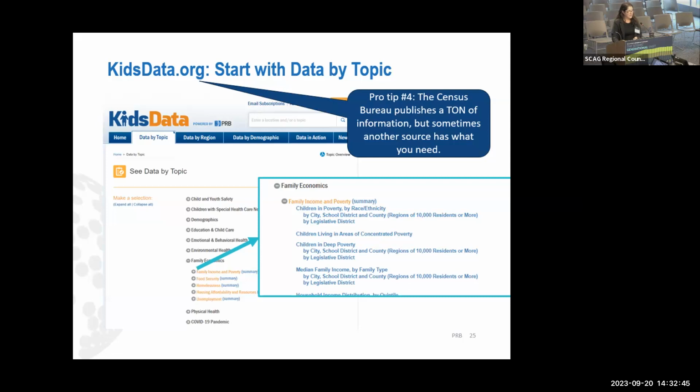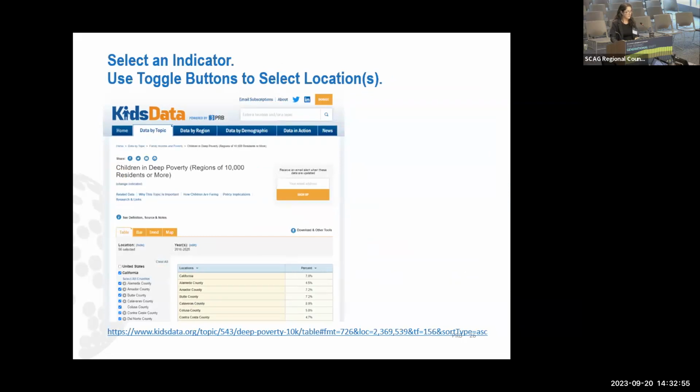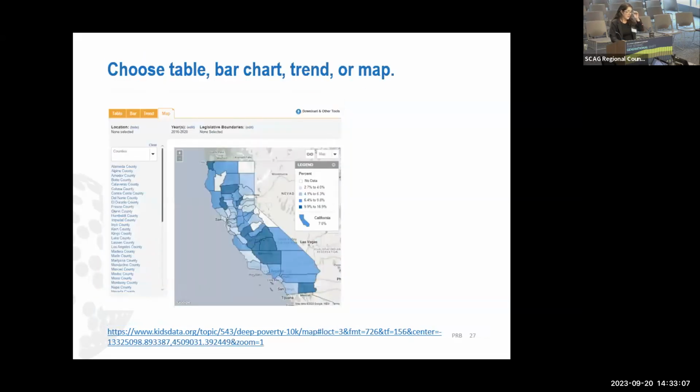So if I go to the Kids Data site by topic in family economics and click on by city, school district, children in deep poverty by city, school district, and county, that brings me to this page. The default is to have California and all counties on, but I can use that menu to select through to California, Imperial County, and El Centro and get the poverty data. Kids Data, this isn't the same chart that I showed at the beginning, but Kids Data also has a mapping tool that shows data by county.